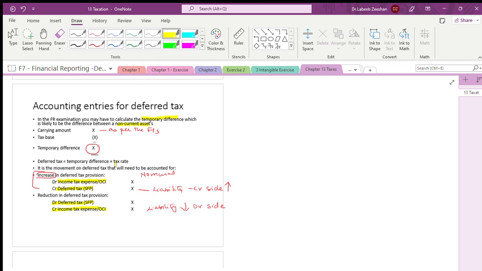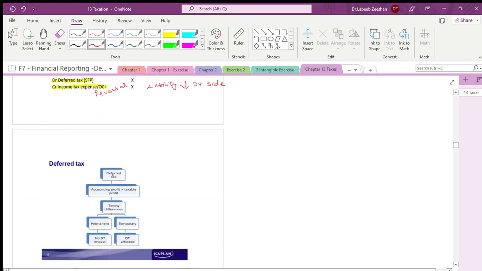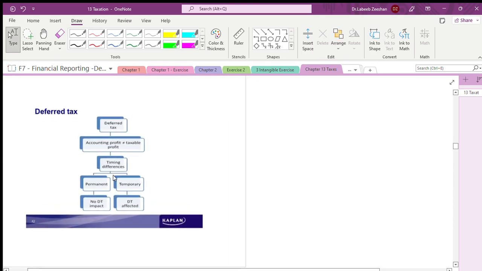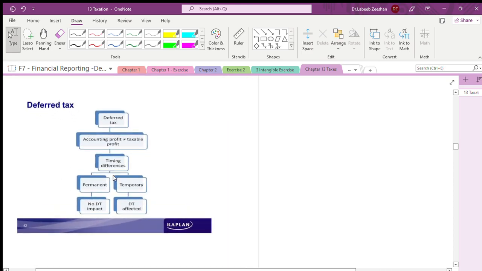This is the original entry, I will write it. Normally we will say this is the original entry and this is the reversal.